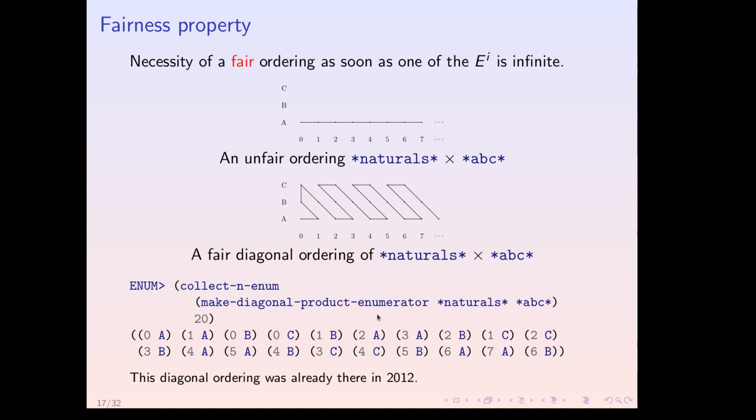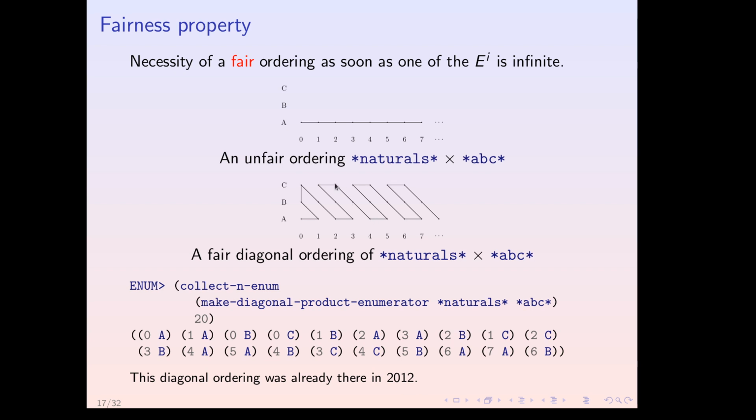So this product, the diagonal binary product, was already in the 2012 version. It gives the following result. Note that to implement this diagonal ordering, we need the enumerators to be able to go backwards.